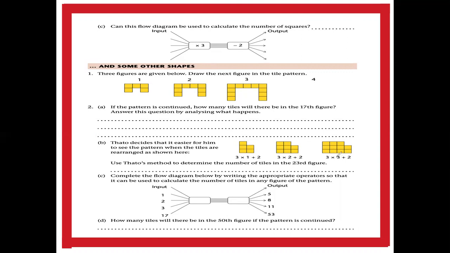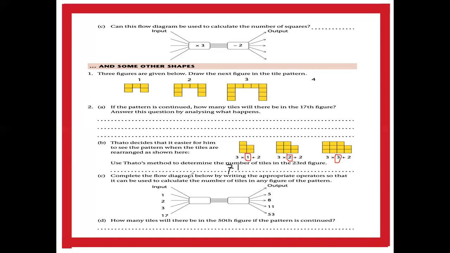So I would say that this term here is the pattern number. So this is pattern number 1, this is pattern number 2, and this is pattern number 3. So if we substitute 23 in there, that should give us the correct answer. So we'd have 3 times 23 plus 2, which gives us 71. So I would say that the answer here would be 71.